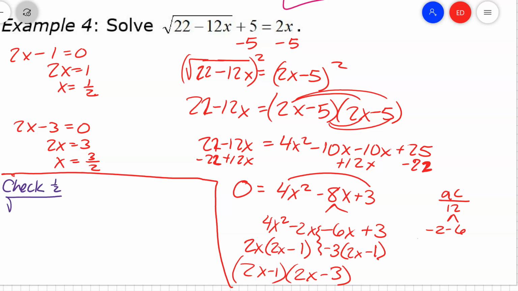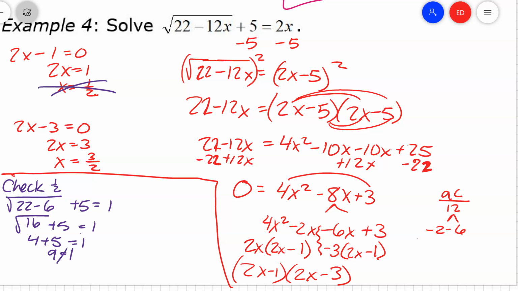So it's the square root of 22 minus half of 12, which is 6, plus 5 equals half of 2, which is 1. 22 minus 6 is 16, so the square root of 16 is 4, plus 5 equals 1. That does not work, because that would be 9 equals 1, and that's crazy. So I know for a fact x equals 1/2 does not work.